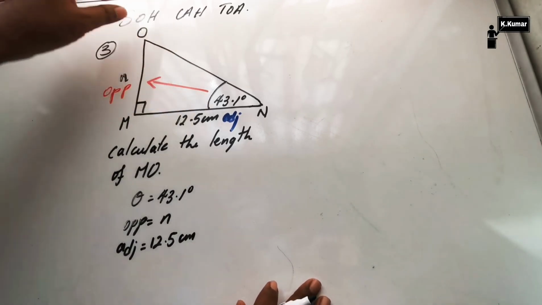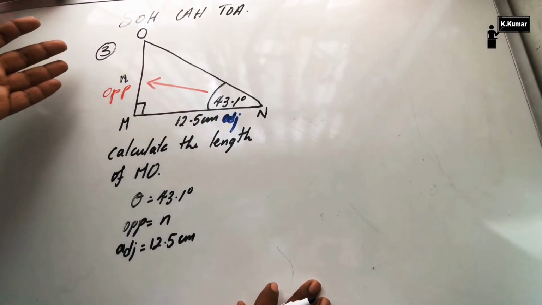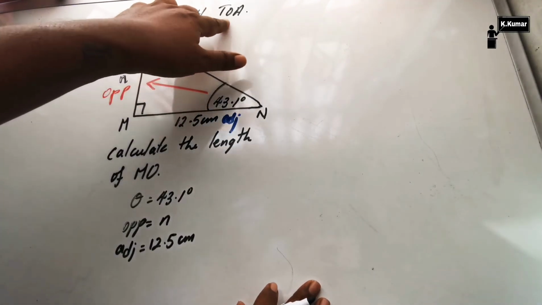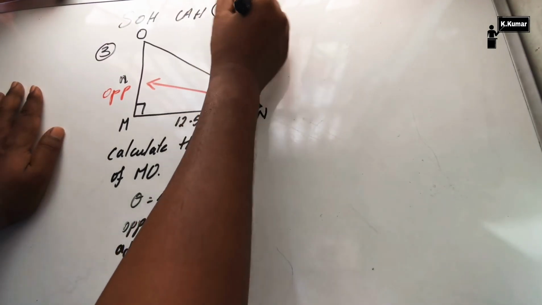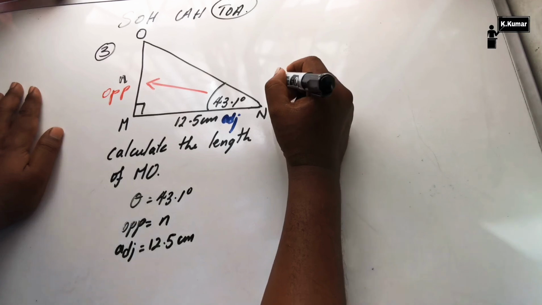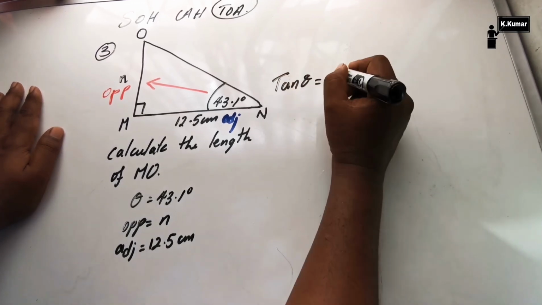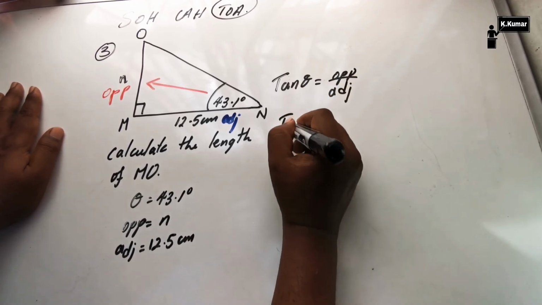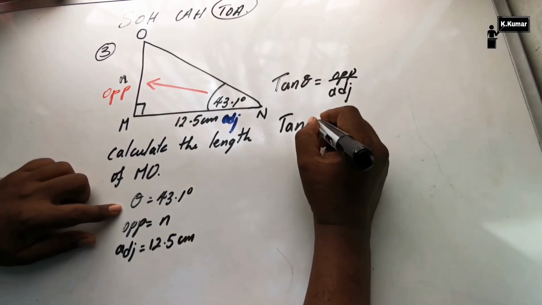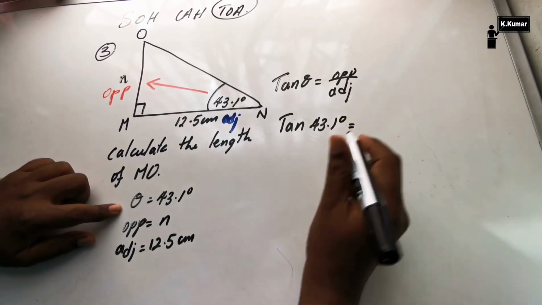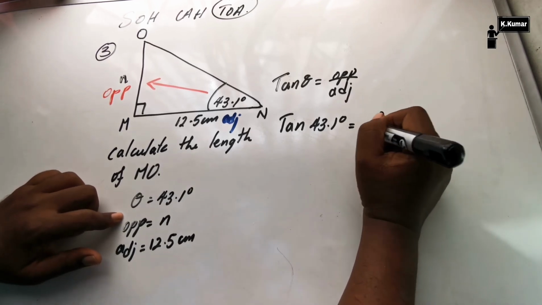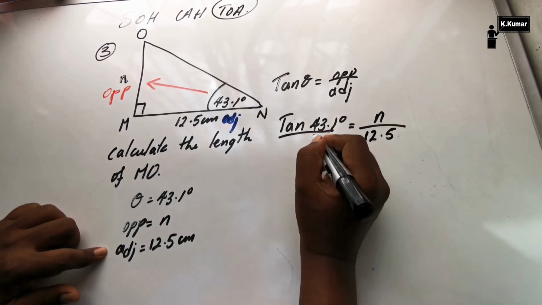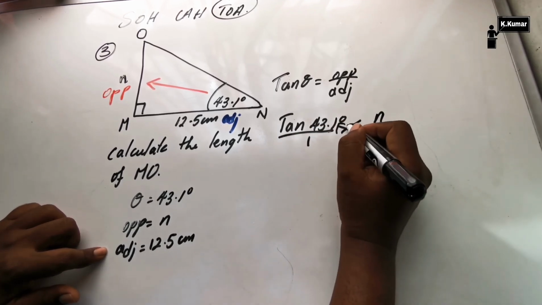Looking at our trig ratios, since sine and cosine carry hypotenuse, neither of the two would work, because we have opposite and adjacent. But tan is equal to opposite over adjacent. So the trig ratio we're going to use is tan. Tan 43.1 degrees is equal to the opposite side, N, over the adjacent side, 12.5. We put this over 1 and cross multiply.